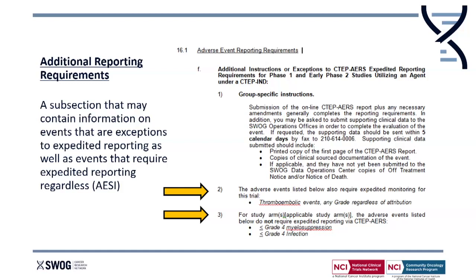You may also notice some exceptions to SAE reporting listed, and the second arrow points to those exceptions. So for example, because up to and including grade 4 myelosuppression is considered an exception, if a patient has a grade 4 neutrophil count decreased, that's not ever going to be an SAE because it's specifically excluded here.